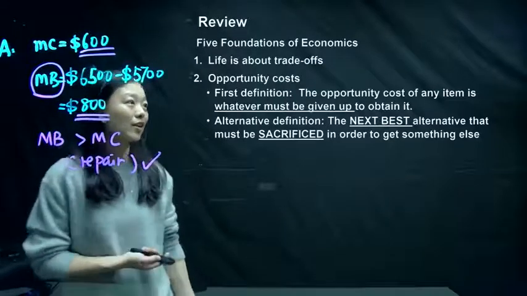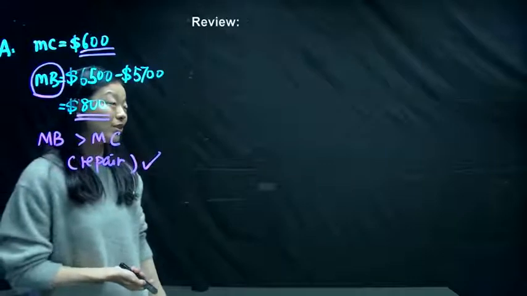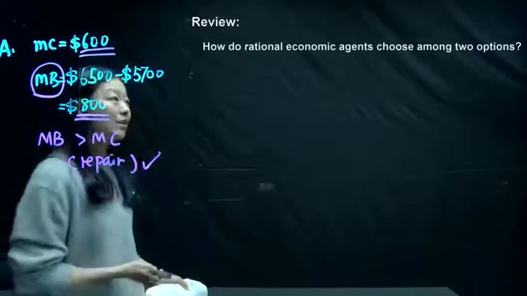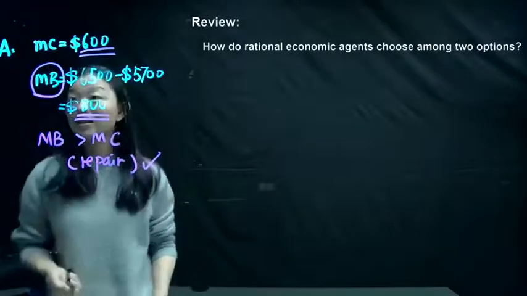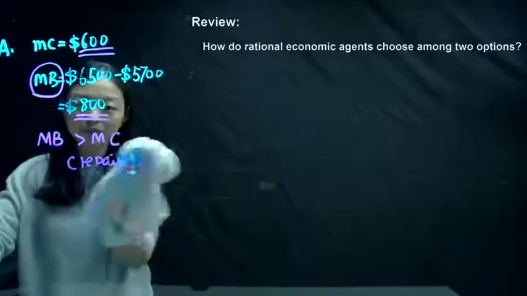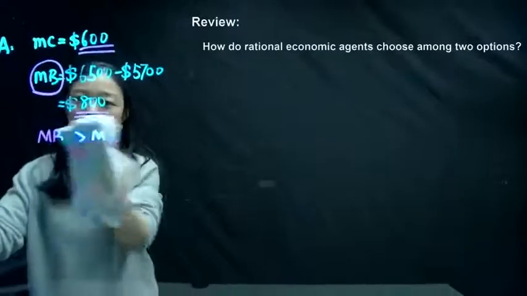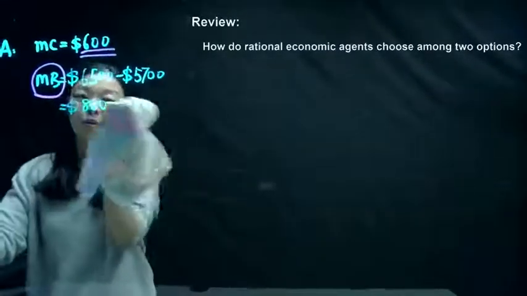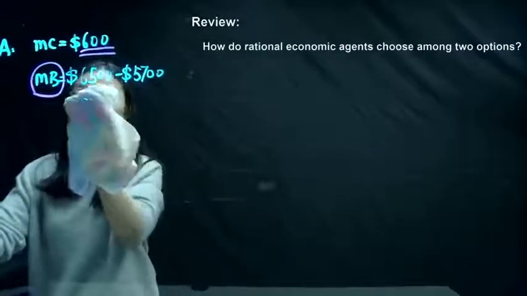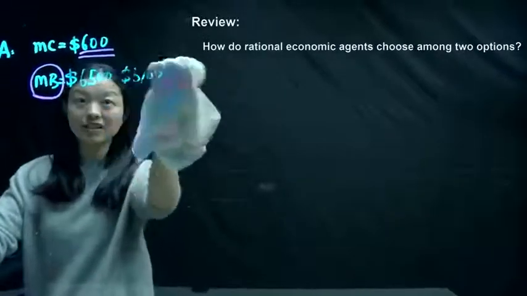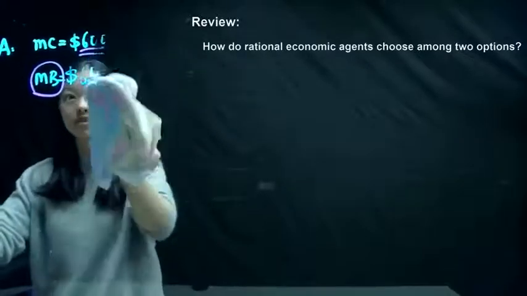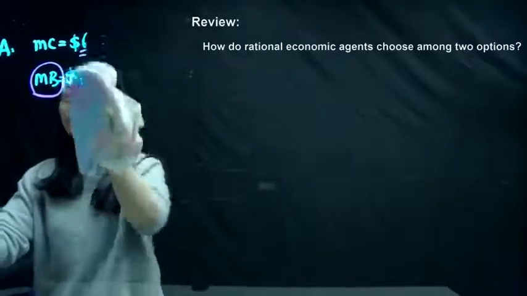And then in the third principle, we talk about how rational economic agents make decisions, right? So we said people first will list what options they might have, and then they will like to know for each option the opportunity cost.